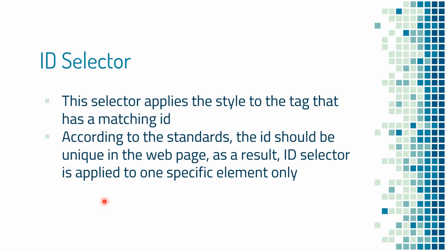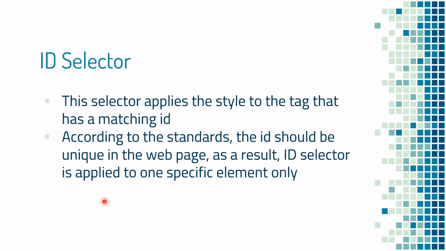Another common one is the ID selector. This selector applies the style to the tag that has the matching ID. As we said before, one of the core attributes was the ID. So here, CSS is going to bind the style to the HTML tag using the ID.